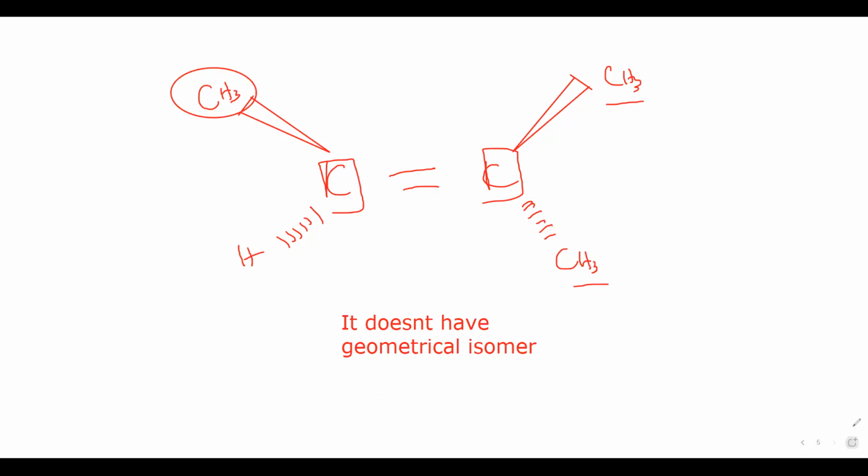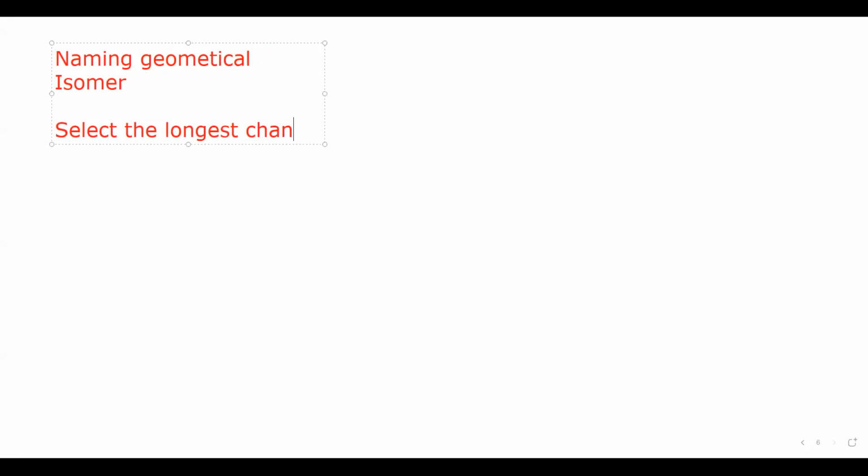Then how to name these? We name in the same manner. We'll select the longest chain. The numbering should start from the end nearest the double bond.